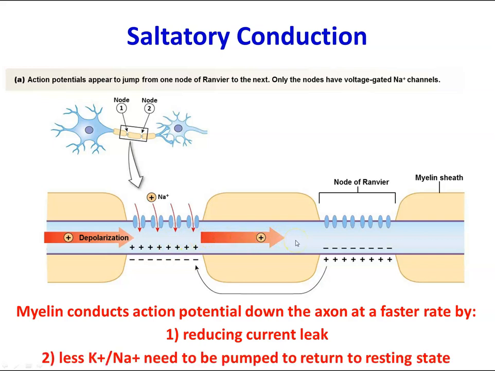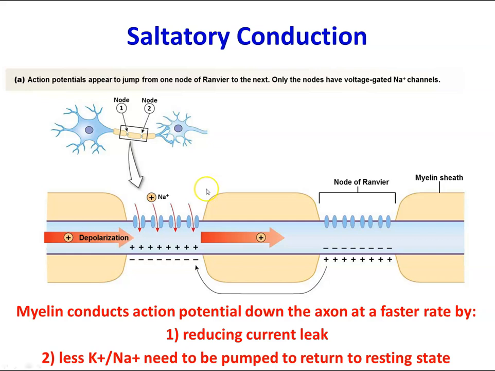Okay? Now, the second thing that allows myelinated axons to propagate a signal faster is because you don't have to pump so much sodium and potassium out of the node to get back to rest. Because remember, in order for you to have another action potential, you've got to bring the axon to resting potential first.